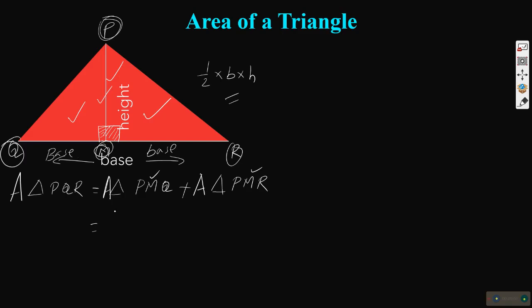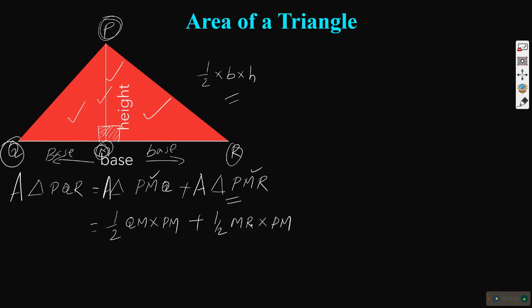In the case of triangle PMQ, I write half into the base QM into the height, which we are considering as PM, plus, in the case of the other triangle PMR, half into the base MR, correct, and height is again PM.